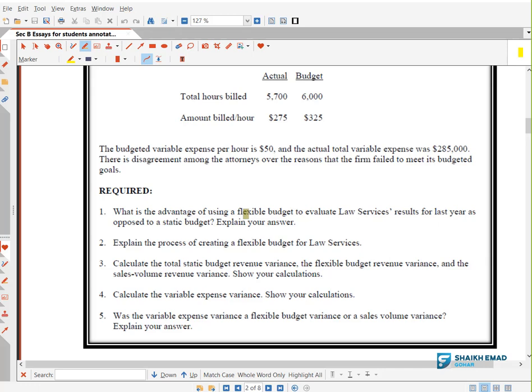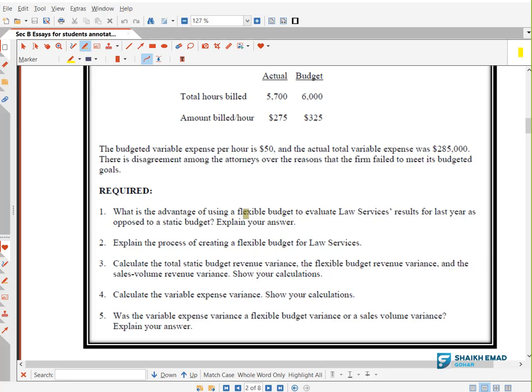We need to compare Ferrari with Ferrari. We need a fair comparison. Comparing the static budget with the actual results is also a good comparison, but the better comparison is when you compare the flexible budget with the actual results.